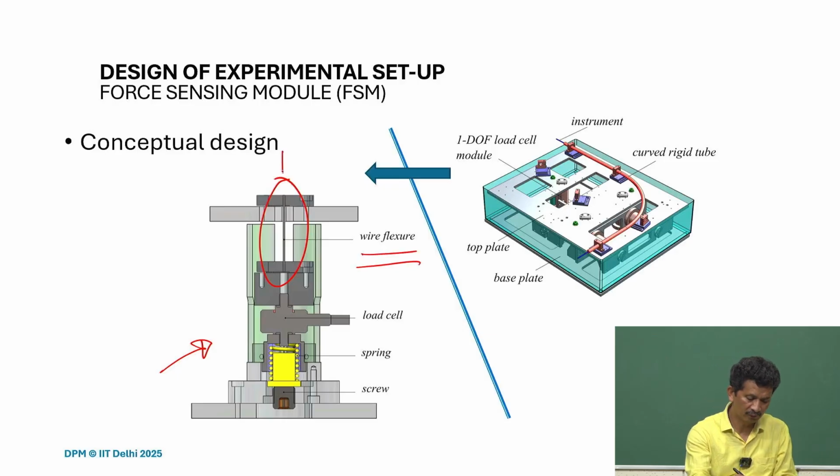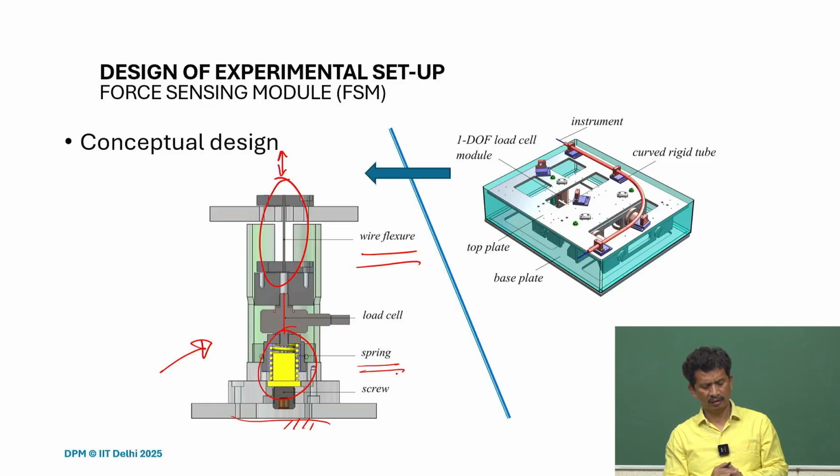Any force acting along that direction, we have to check the load path. It will go through that, then via the load cell, and it will go to the base, to the frame. Here you see a spring mechanism, and it's basically to safeguard against any extra load by accident.